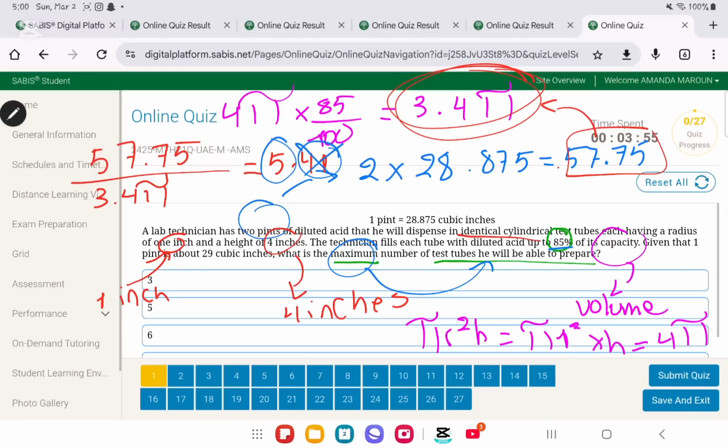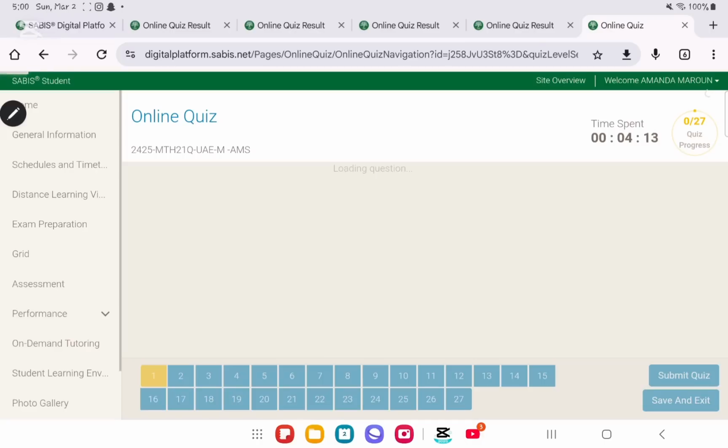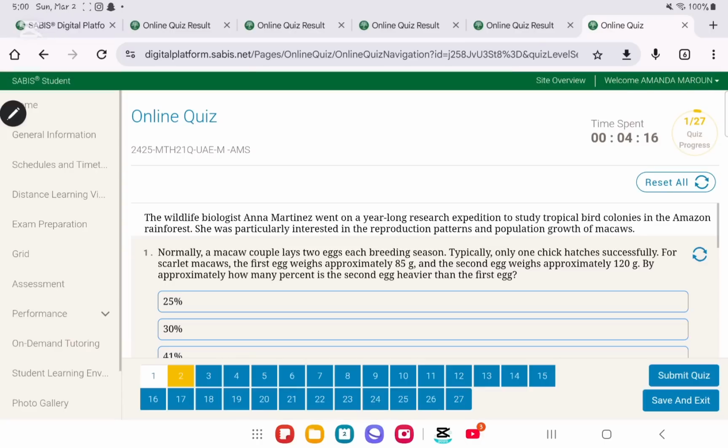Instead, the 5 is what will count. So he will fill up 5 full test tubes, and he will have a little bit of 1 left. But they do not need how much of 1 is left. They need how much they fully used, which is gonna be 5 full test tubes. So we move on to question number 2.